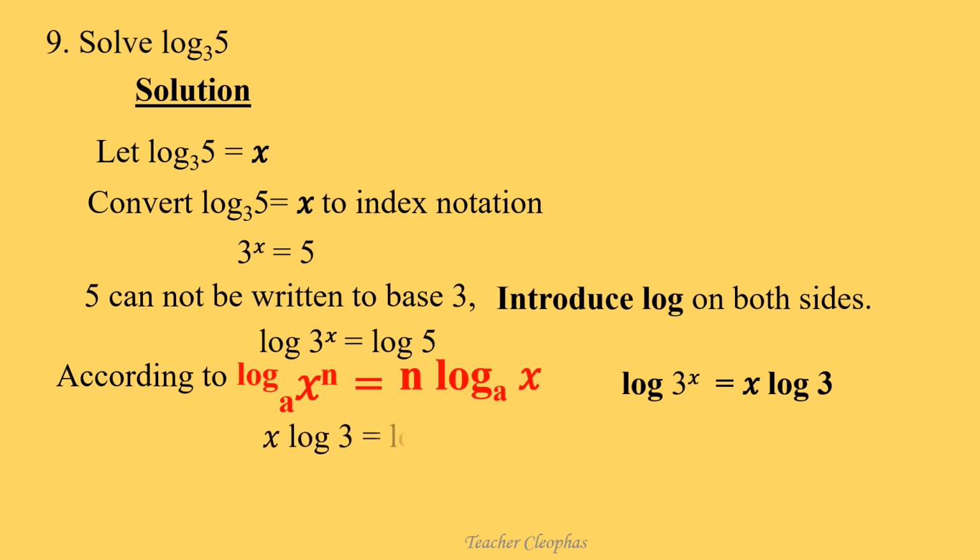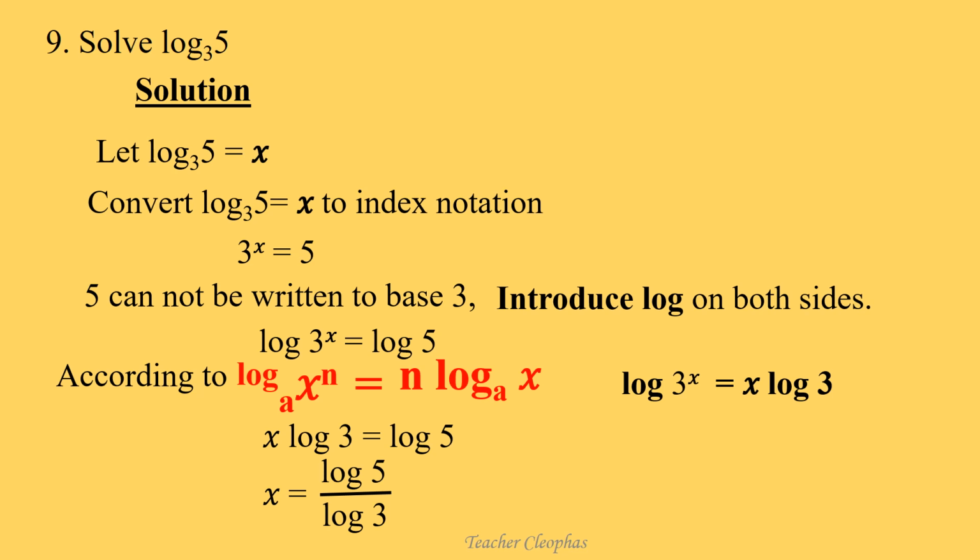So we have x multiplied by the logarithm of 3 being equal to the logarithm of 5. So we need now to divide both sides by logarithm of 3 so that we make x the subject. So x equals the logarithm of 5 divided by the logarithm of 3.